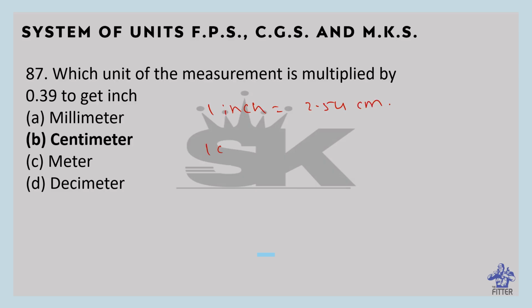So 1 centimeter equals to 1 by 2.54 inch, right? So that is equals to 0.39 inch, right? So answer is centimeter. Okay.